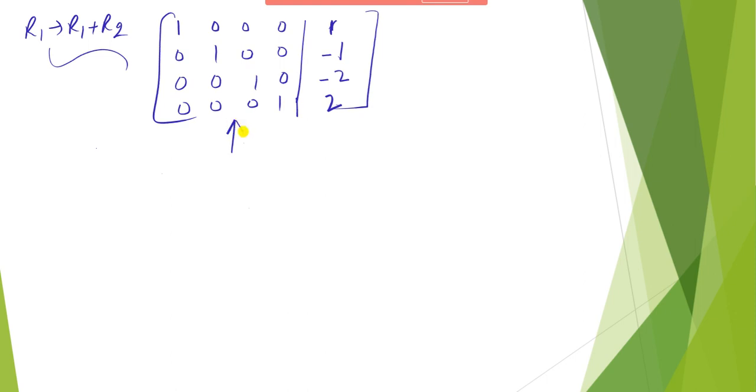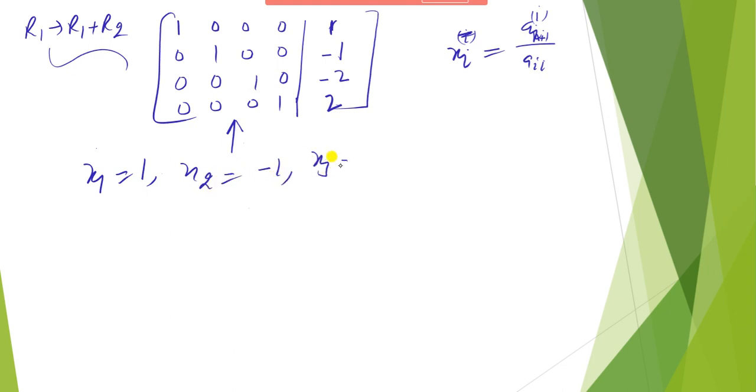That is, we apply the formula xi is equal to a i, n plus 1 upon a i i. In that case, when we write this matrix system into equation form, we obtain x1 is 1, x2 is minus 1, x3 is minus 2, and x4 is 2.